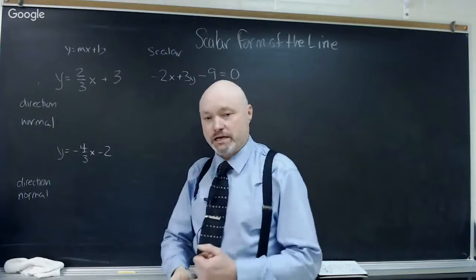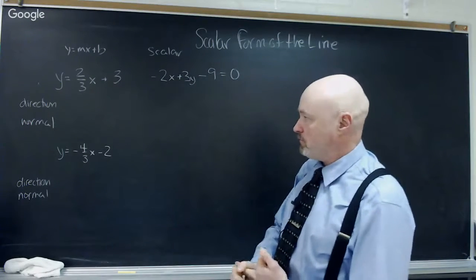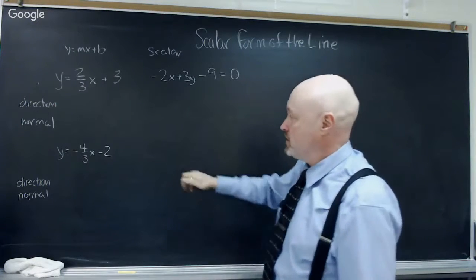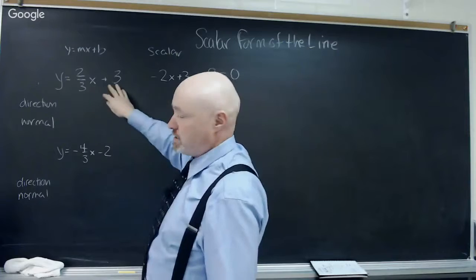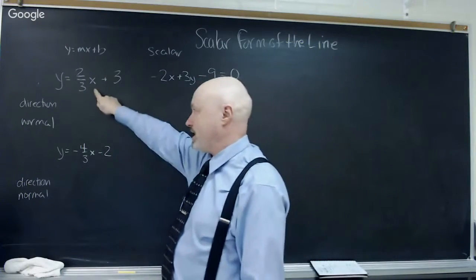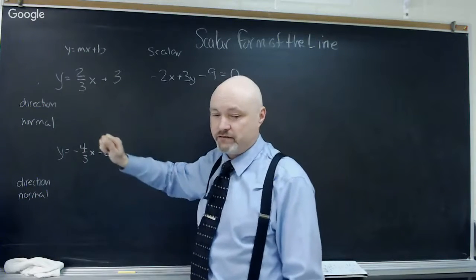We're going to talk about the direction vector, and then the normal vector, and see how it's related to the scalar equation. So y equals 2/3 x plus 3. What is the direction vector?